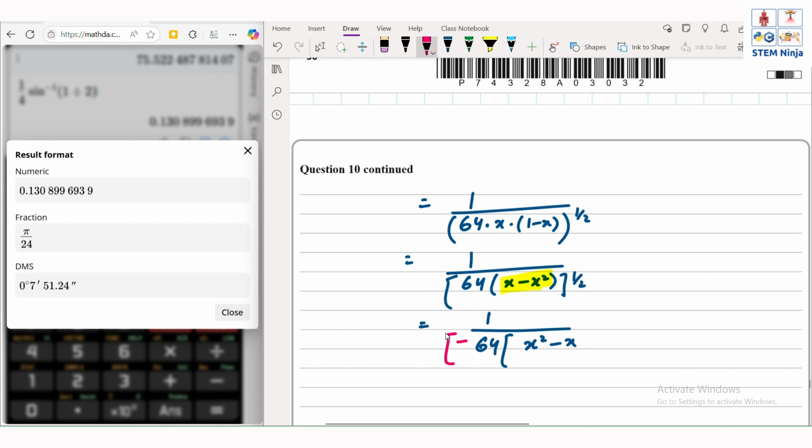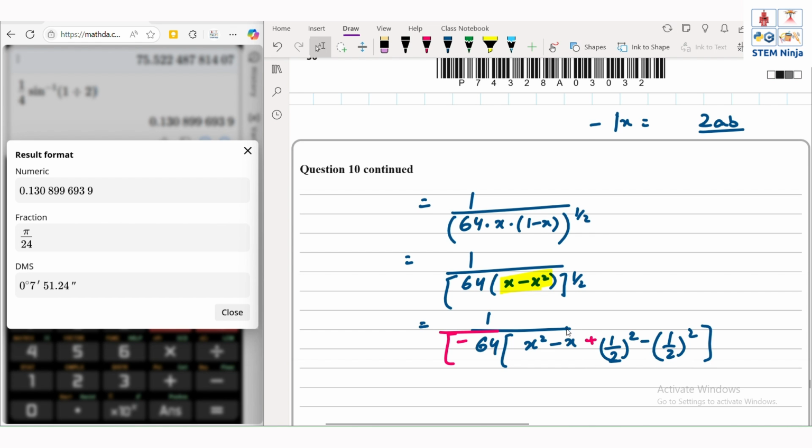So 1 over 2. So this is already 2 now. So that means this 1x basically represents the 2ab thing, the middle term of a square. So the half would be 1 over 2 whole squared, and then minus half squared.